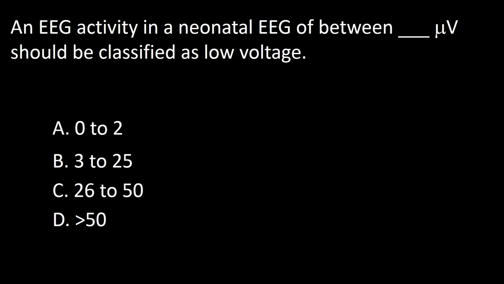Next question. An EEG activity in a neonatal EEG of between dash microvolts should be classified as low voltage. A, 0 to 2, B, 3 to 25, C, 26 to 50, D, more than 50.